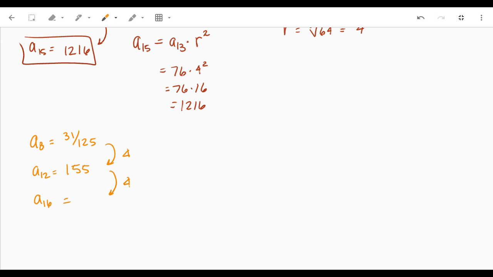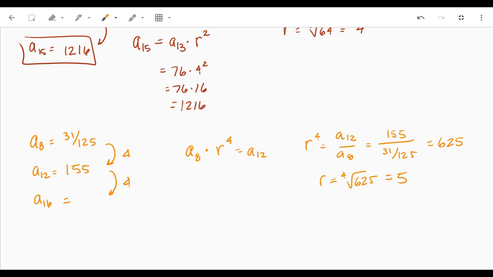Okay, so a sub 8 times r to the 4th should equal a sub 12. So r to the 4th would be the 12th term over the 8th term, which is 155 over 31 over 125. So 155 over 31 over 125 is 625. Okay, so r is the 4th root of 625, which is 5.